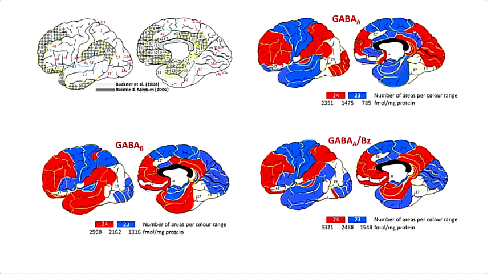The GABA A receptor, an inhibitory receptor, the GABA B receptor, and the benzodiazepine binding sites of the GABA A receptor.